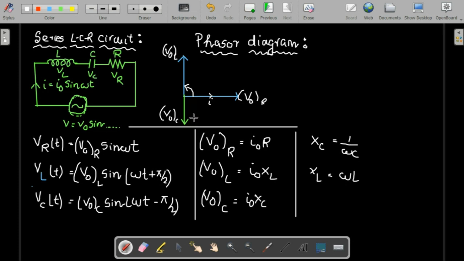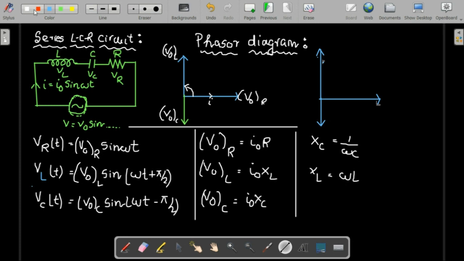In a similar way, we can also draw the phasor diagram for the current, or we can draw it for the reactance also. So let's draw the phasor diagram for the reactance. When we draw these pictures, they give me a clear picture of what is exactly happening and what the relation is between the three quantities that we have.